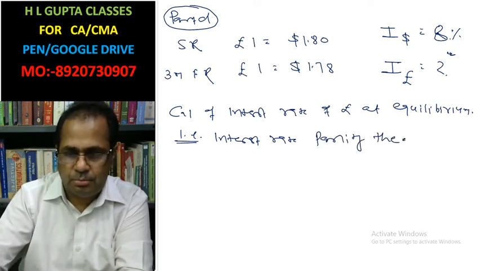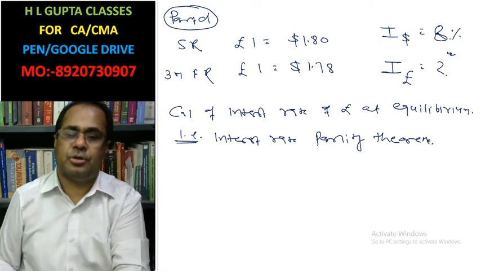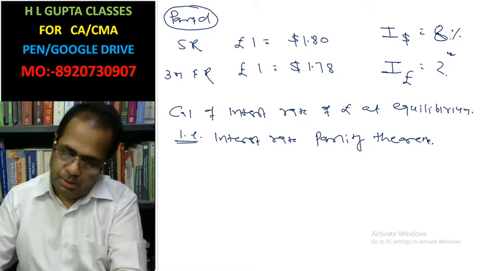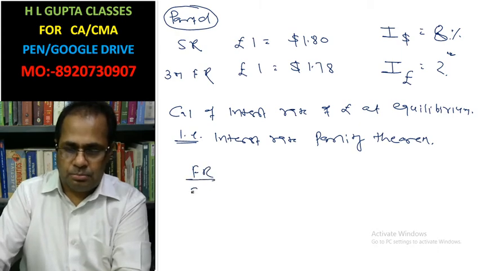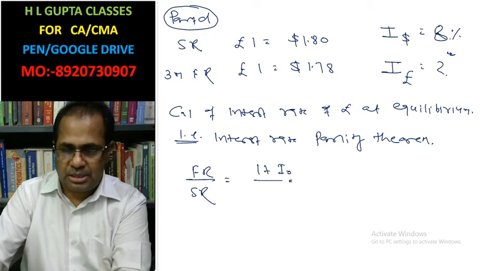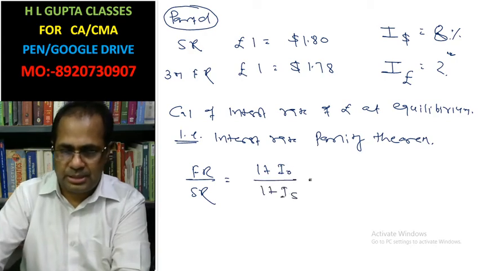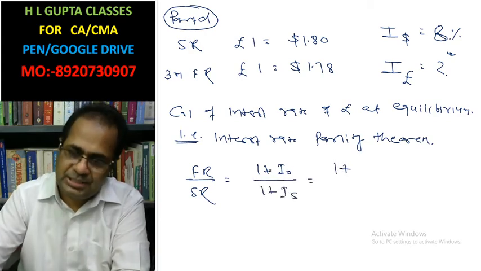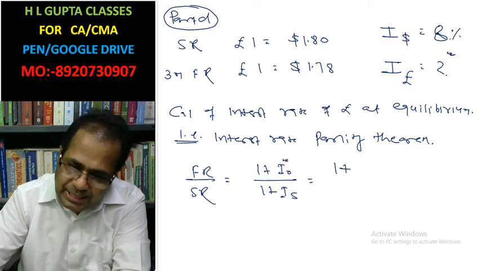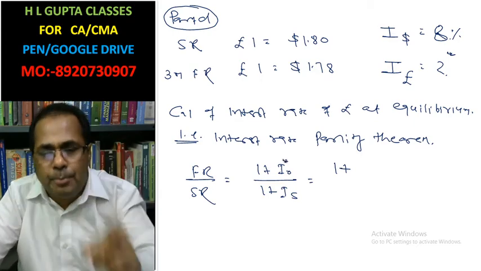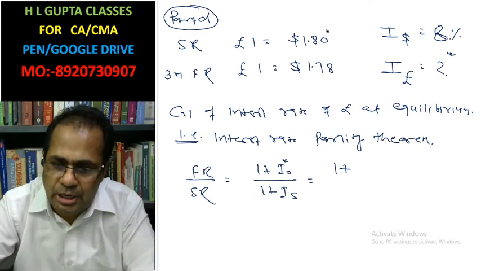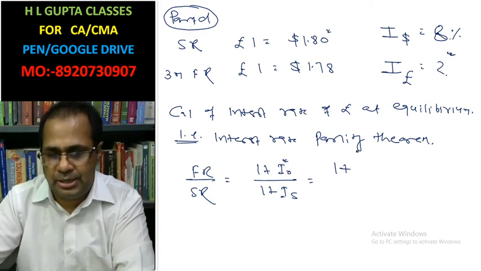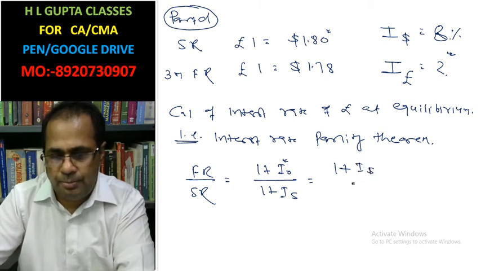What is the formula? Forward rate over spot rate equals 1 plus interest rate of the other currency over 1 plus interest rate of the same currency. Here dollar has the number of units, which is why the interest rate of dollar is written here.